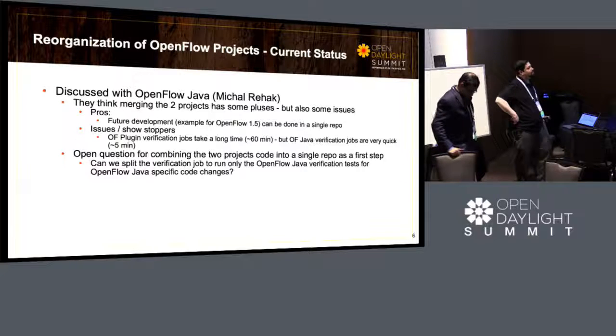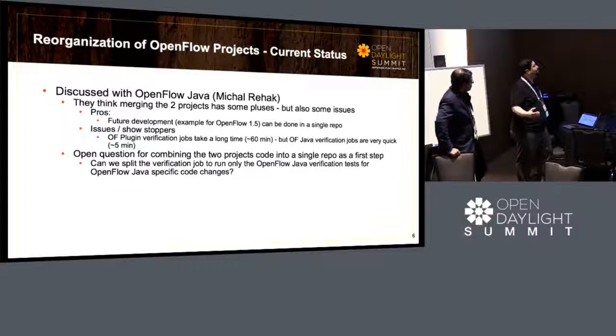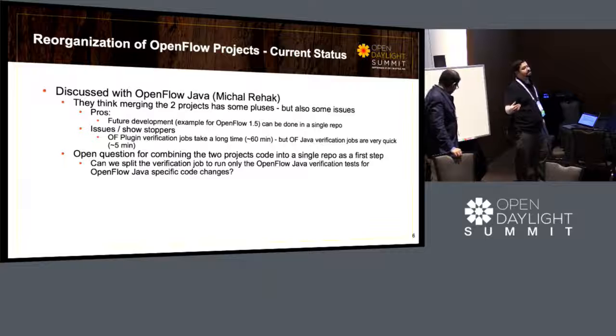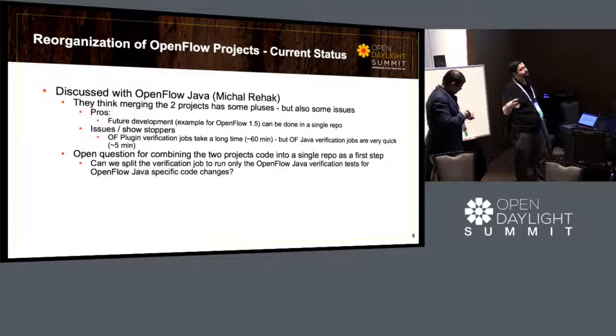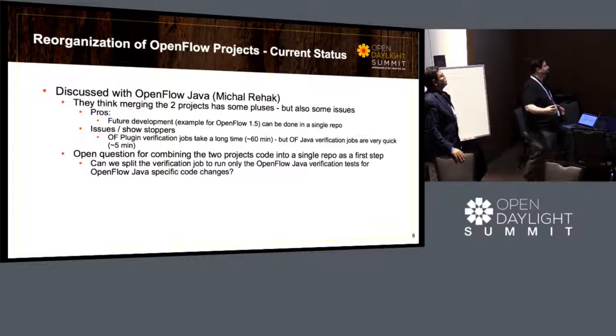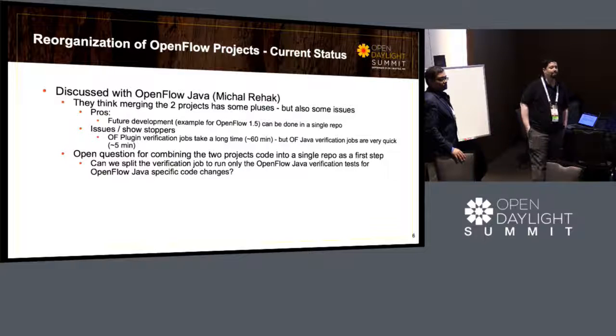So this begs a big question: theoretically, if we combine these two projects together, is it possible, if you merge code in the OpenFlow Java specific directories or folders, to run only those verification tests?